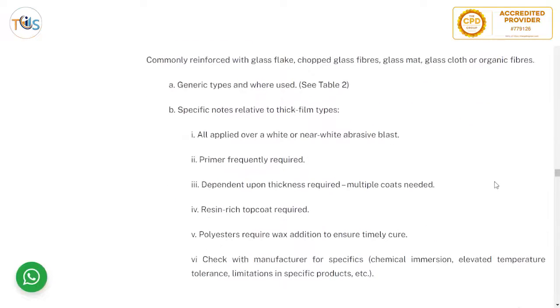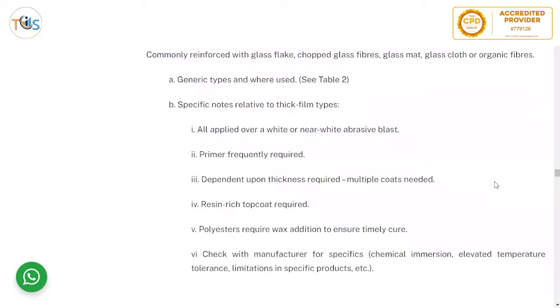Thick film types are commonly reinforced with glass flake, chopped glass fibers, glass mat, glass cloth, or organic fibers. Generic types and where used are in Table 2. Specific notes relative to thick film types: all applied over a white or near-white abrasive blast.